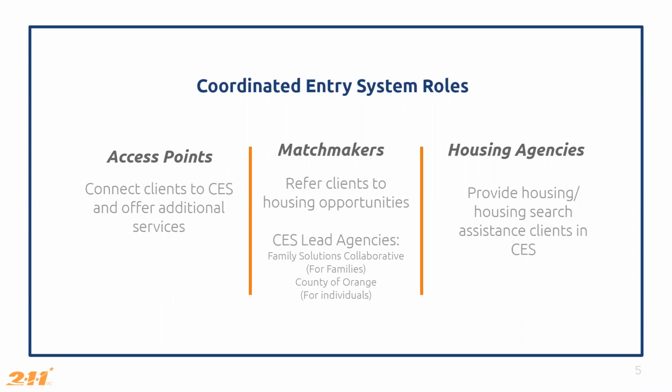So the matchmakers are the CES lead agencies, which are the Family Solutions Collaborative for families and the County of Orange for individuals. And finally, we have the housing agencies who offer housing opportunities and receive referrals to house clients through their projects, okay? So we're going to go through these responsibilities in more detail, and we will review how these steps will look like in HMIS.